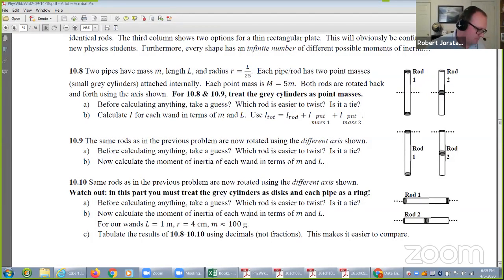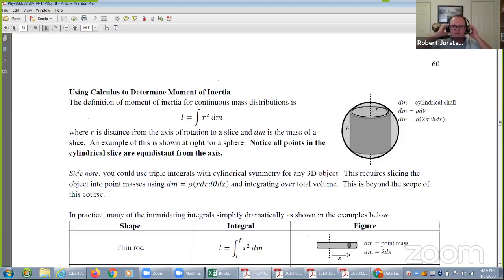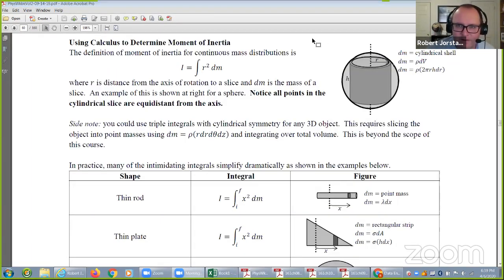So now, here's how you would do the calculus formula. Or if you want, you could think of this as the point mass formula. We saw that our point mass formula is mass times x squared, right? Where x was the radius. So imagine if you had a bunch of point masses.